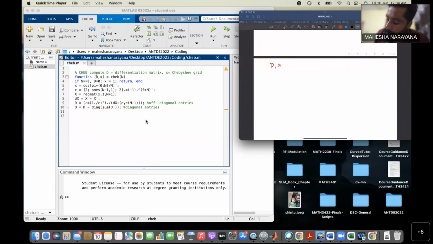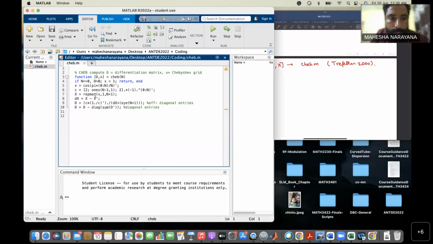a MATLAB file, shep.m, which you can take from the textbook by Trefethen. It's available in that, so I have used the same directly. And what you see in the editor is the same Trefethen extract.